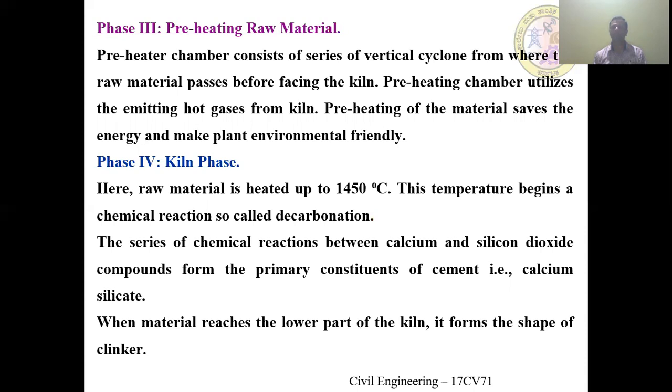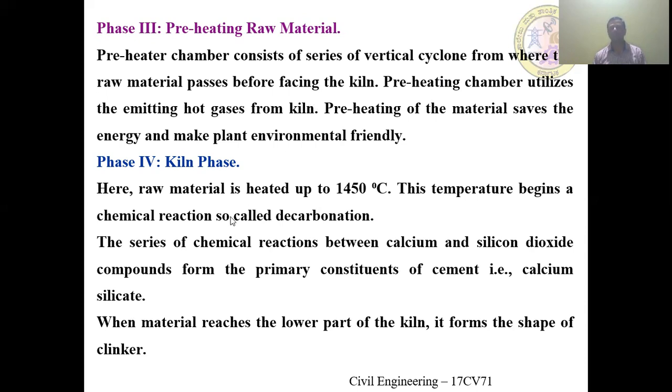Preheating chambers utilize the hot gases emitted from the kiln, and preheating of raw materials saves energy and makes the plant environmentally friendly. So the heated gas heat is used to preheat the materials so that some amount of energy can be minimized.